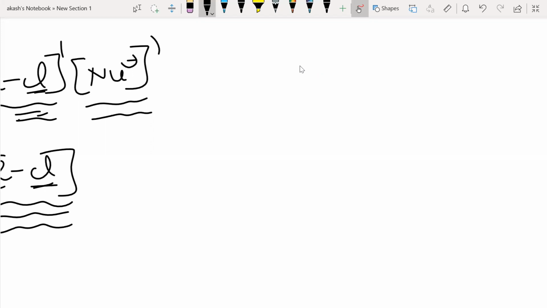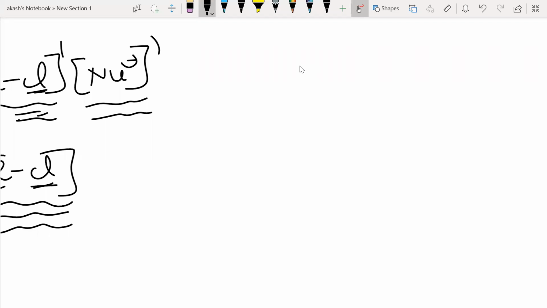The reason is bulkiness. In case of SN1, tertiary is going to react faster than secondary than primary. There it is because of stability of the carbocation.